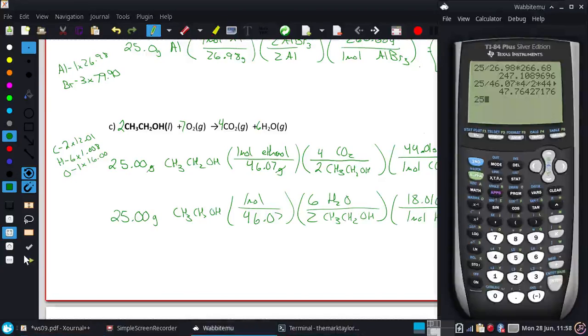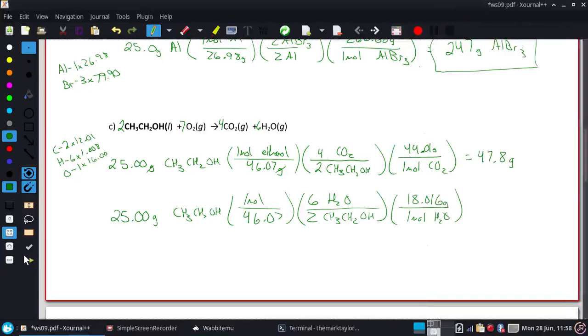And 25 divided by 46.07 times 6 divided by 2 times 18.01. And we get 29.3. So 29 grams of water, about 50 grams of carbon dioxide.